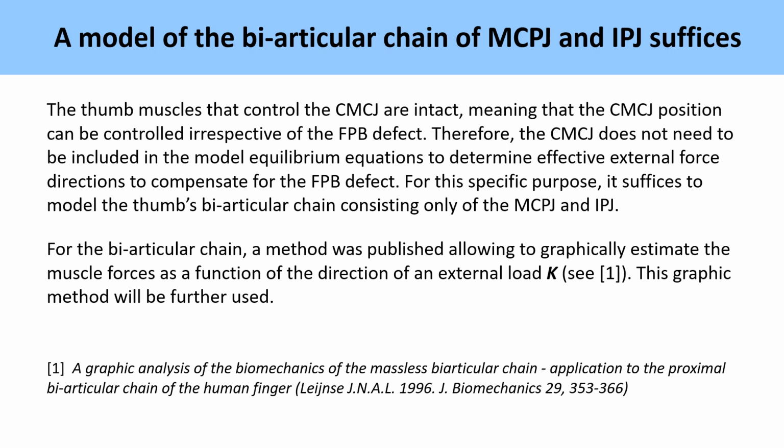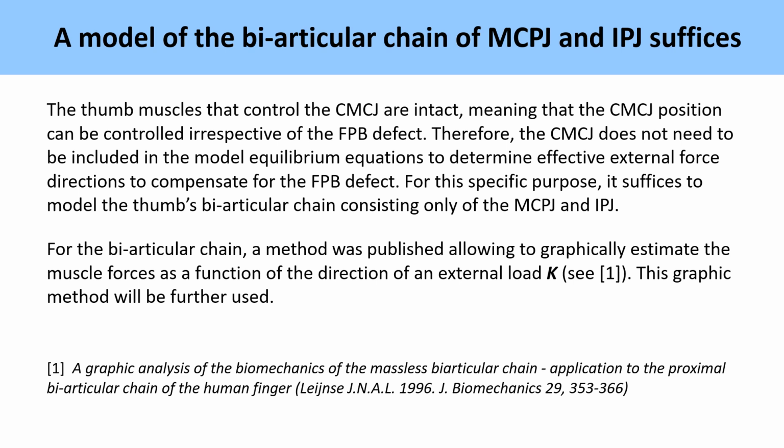Therefore, the CMC joint does not need to be included in the model equilibrium equations to determine effective external force directions to compensate for the flexor pollicis brevis defect. For this specific purpose, it suffices to model the thumb's biarticular chain consisting only of the MCP and IP joints.